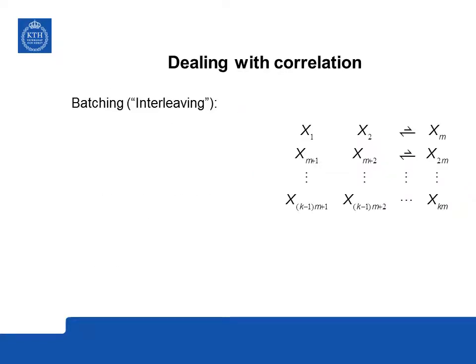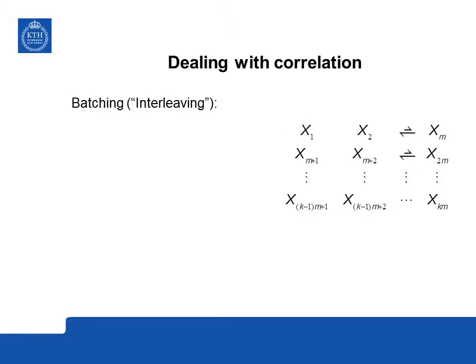So how can we deal with correlation? One popular technique is called batching, or sometimes it's also called interleaving, and we'll shortly see why. So how do we go about this? Well, we take our samples and we fill them into a matrix. And let's assume that we have km samples that we put into a matrix consisting of k rows and m columns.